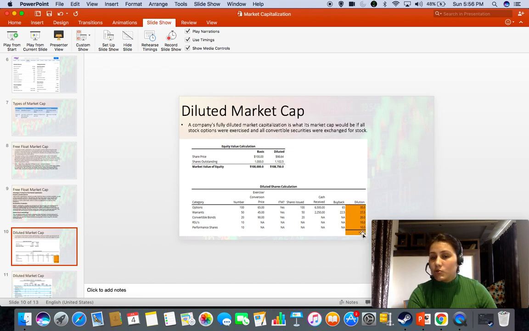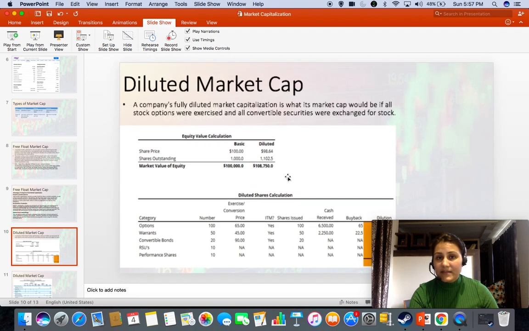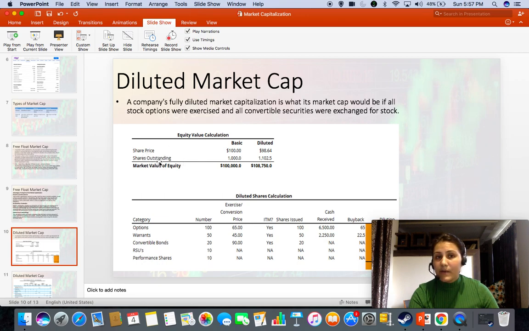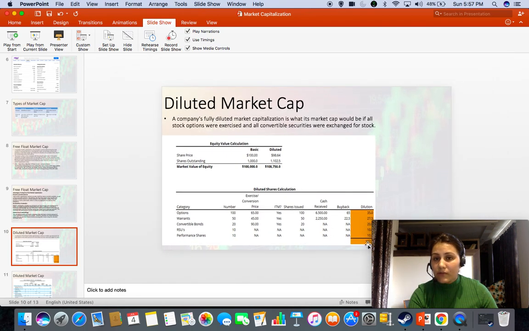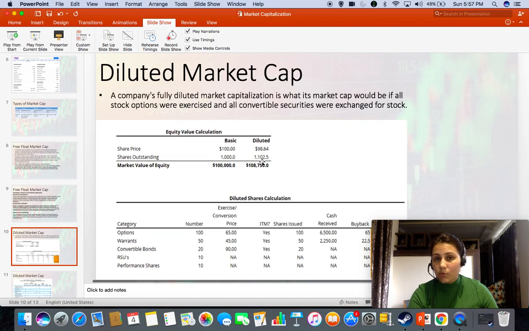These are the new shares that have come up in the market. Now the basic calculation is share price into shares outstanding. But when it comes to diluted, earlier it was 1000, but now this 102 value has been added here, 1102.